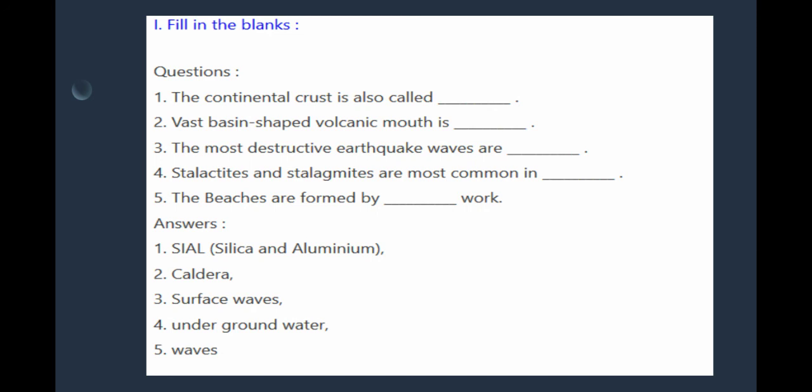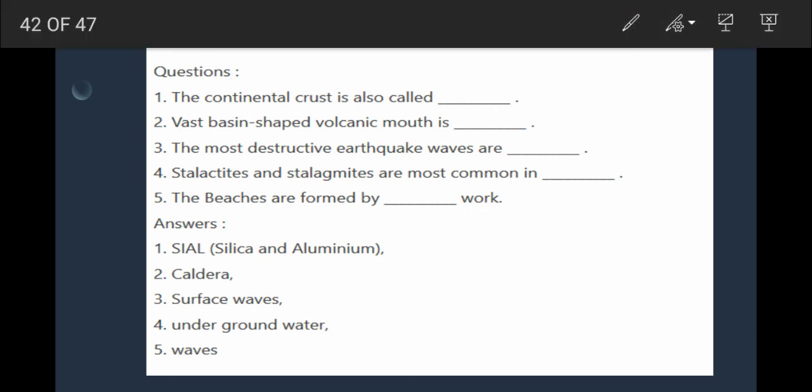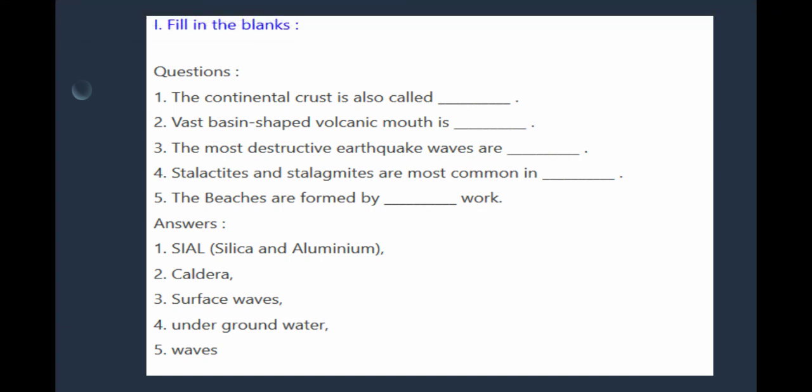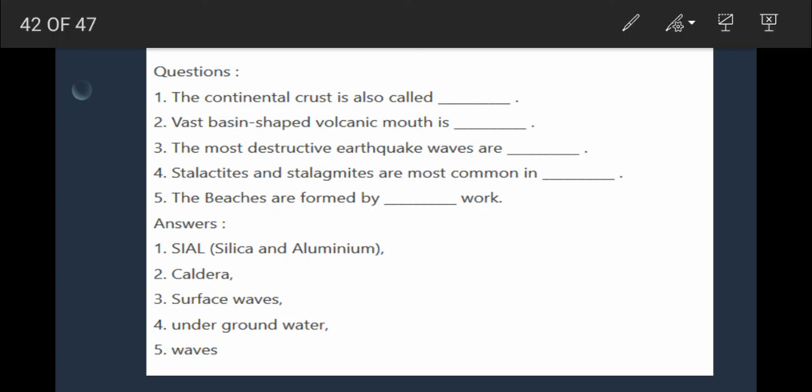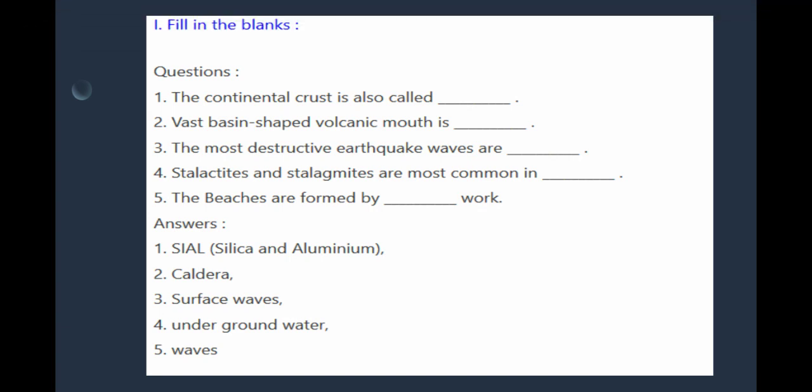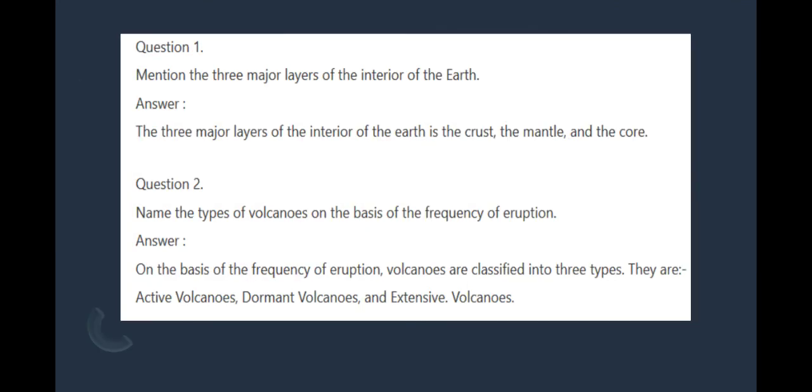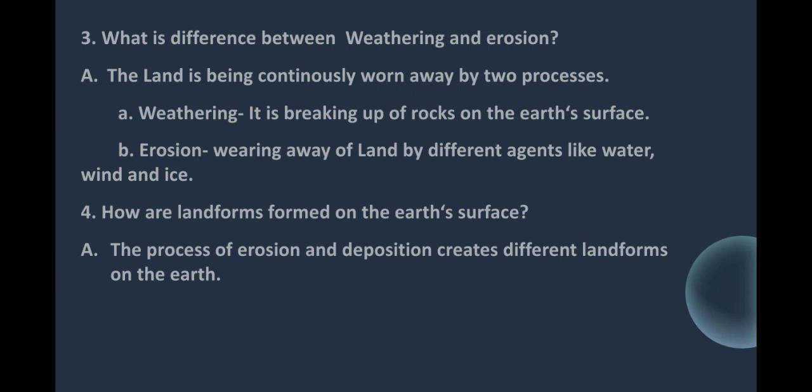Then stalactites and stalagmites are most common in underground water regions. Beaches are formed by waves. Then we have question answers, and then give reasons, and the difference between weathering and erosion.